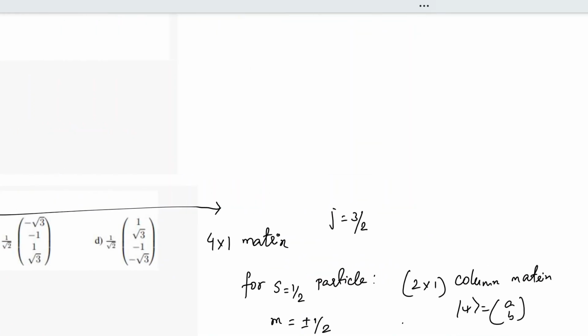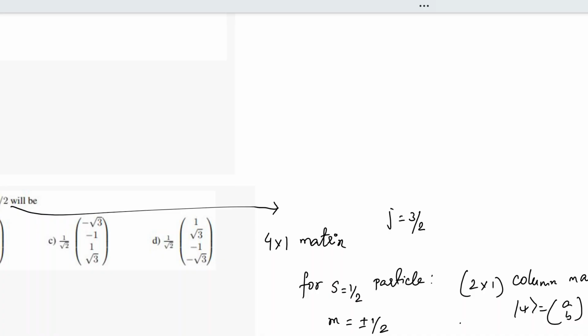But in this case you have a 4 cross 1 matrix, that means psi is written as a, b, c and d. So there are 4 values of m that can be there. That means mj can have 4 values, but that is when 2j plus 1 equals 4.